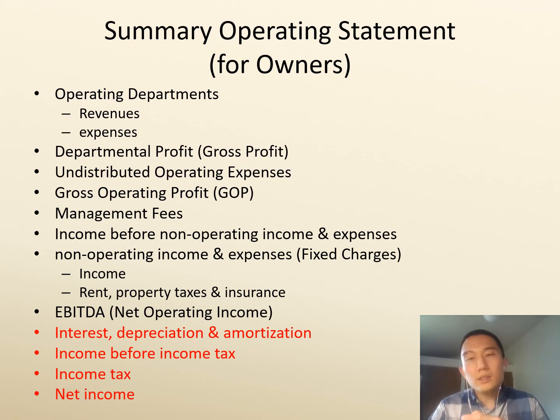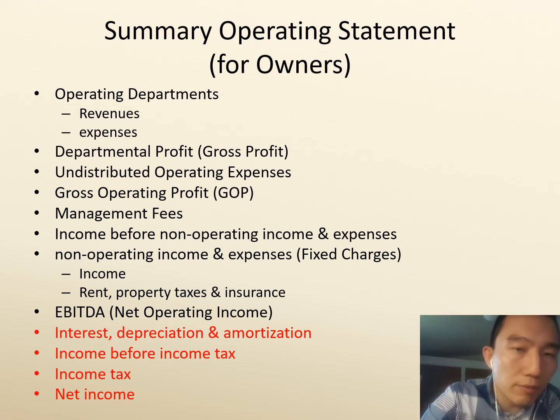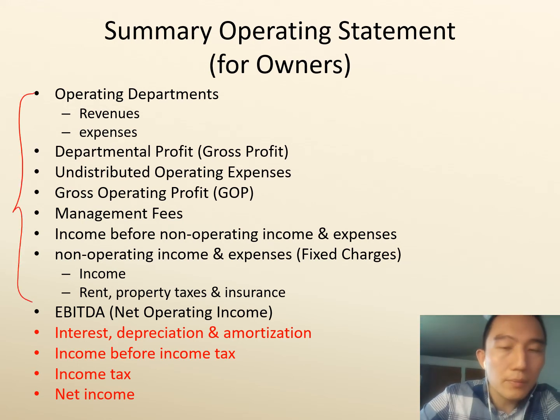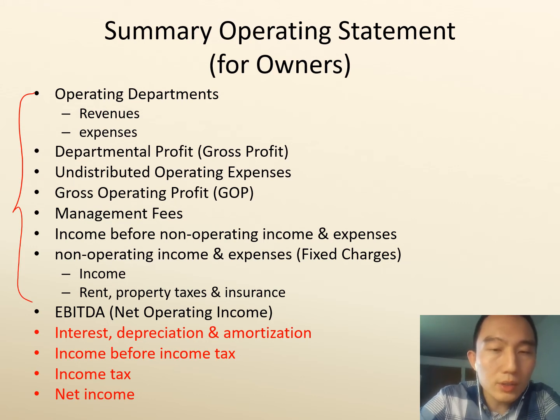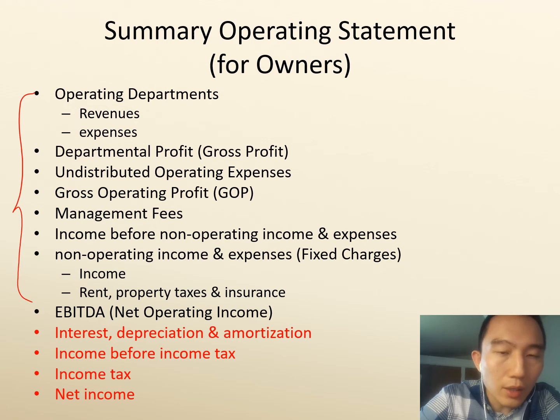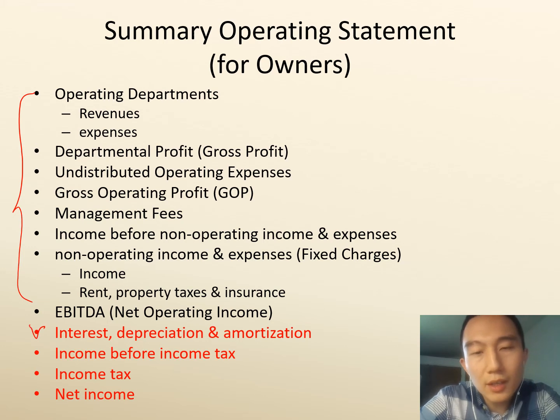So in these slides, it shows the statement used for owners. As you can see, the first part is the same, right? Once we get the EBITDA for hotel owners, we further consider the interest, depreciation, amortization, and taxes, right?